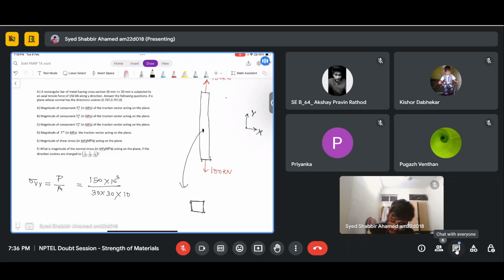Because these are in mm, and the stress is in megapascal, which means Newton per mm square, so if you do this, you will get sigma yy equals 150 into 10 cube divided by 30 into 30.